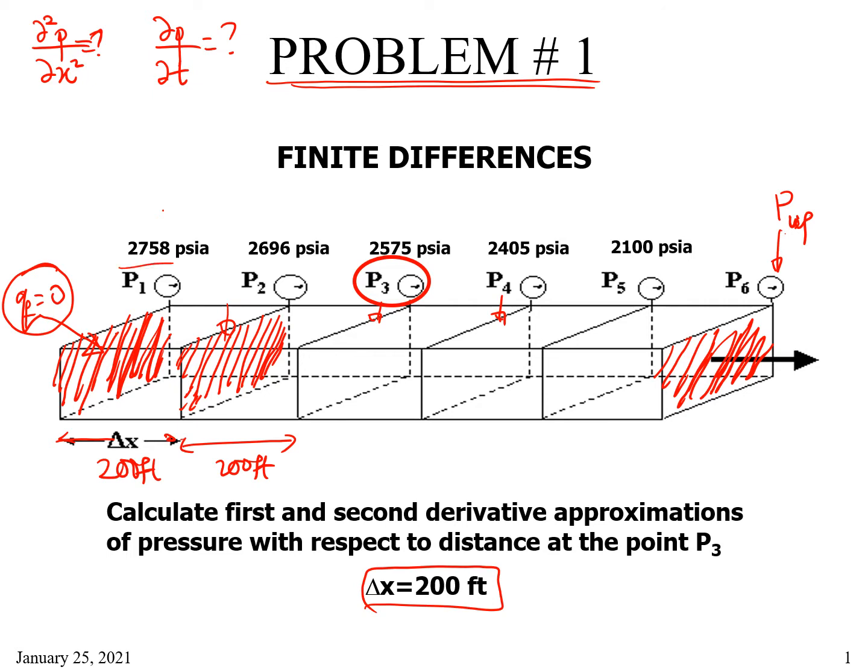And these are some pressures just given here, right, at those interfaces. Good. The question is, what is P3, right? What is this derivative at P3? I can put a straight line here. That's what we're looking for.